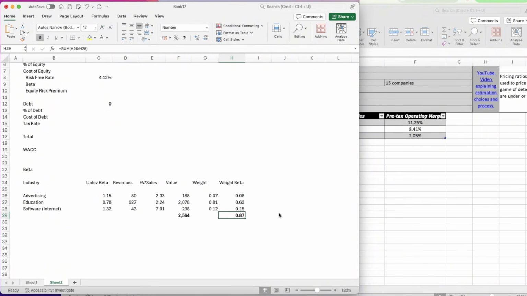The beta, we would have it at 0.87. What we've done here is we've taken the revenues for each industry where Duolingo operates. We've worked out the value for each revenue segment. We work out what the weight of each segment is to the whole company, and then we multiply the weight by the unlevered beta, and we sum all of these up and we get 0.7.